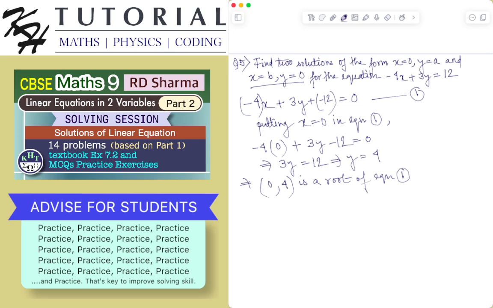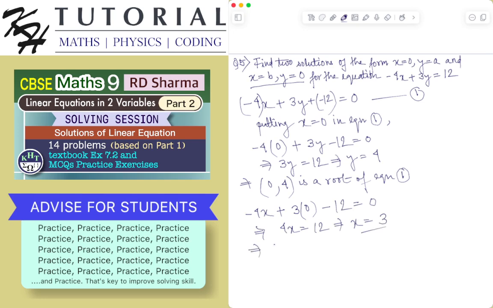How will I find it? I will substitute y with 0 in the given linear equation and solve for x. So minus 4x plus 3 into 0 minus 12 is equal to 0. This implies 4x is equal to 12. This implies x is equal to 3.